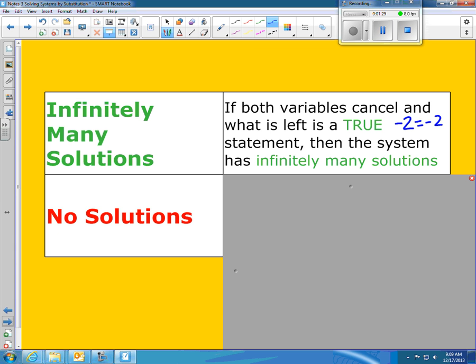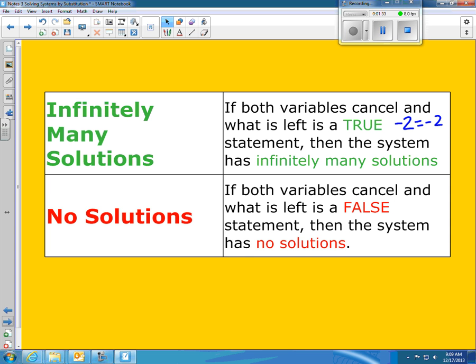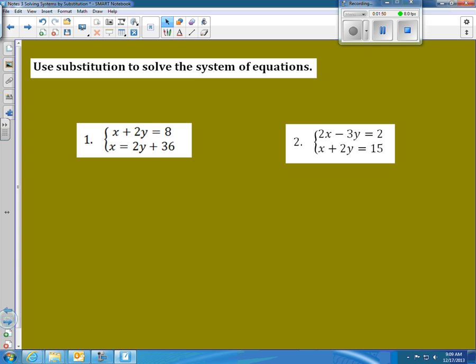That's a true statement. If you have a true statement, we get infinitely many solutions. But if both variables cancel and you get something that is false left over, so maybe you have -2 equals 7, that is false, then it has no solutions. This is one that kids forget about, so keep this in mind when we're working through.